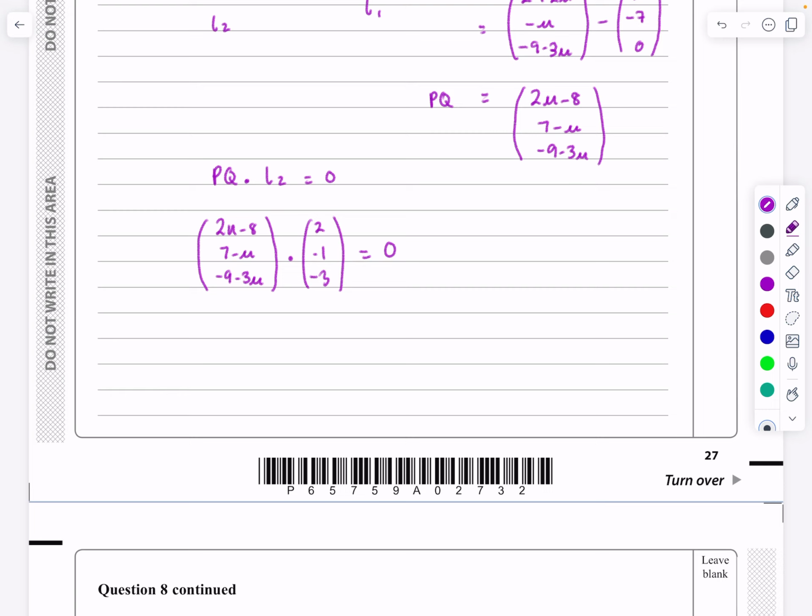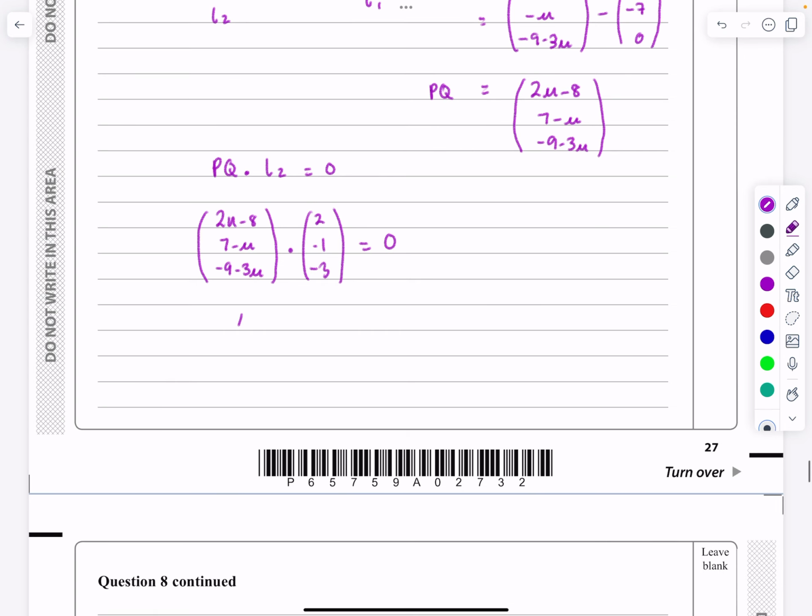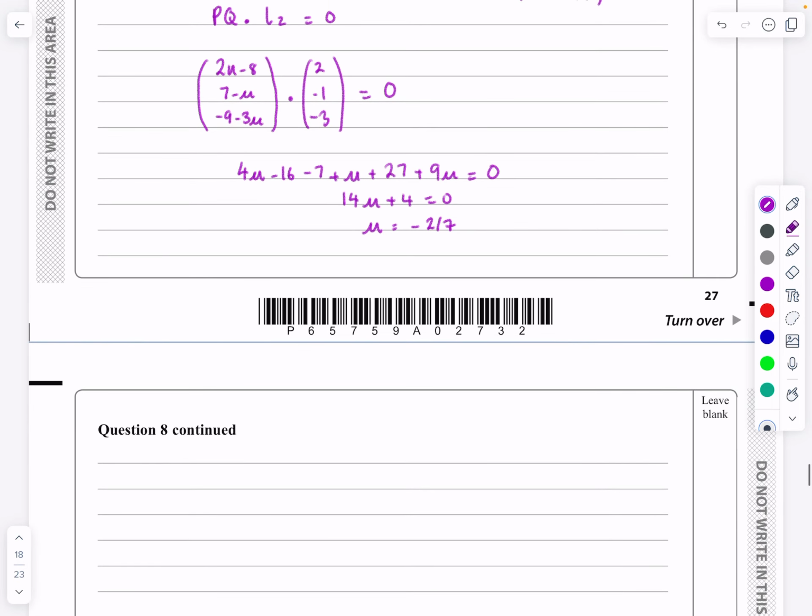If we actually go through and solve that, I'm going to get 4μ - 16, minus 7 plus μ, plus 27 plus 9μ, which works out to be equal to 0. And if I then tidy all of that up, I'm going to get 14μ, and minus 23 plus 27, so that's plus 4, equals 0, which gives me that μ will work out to be -2/7.